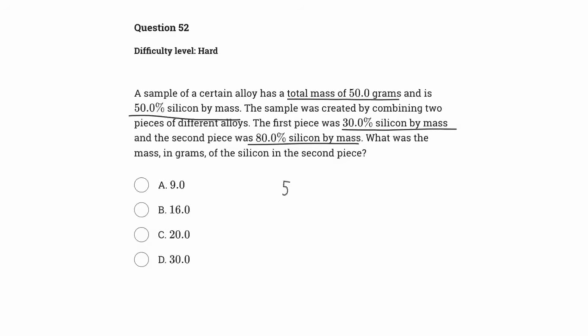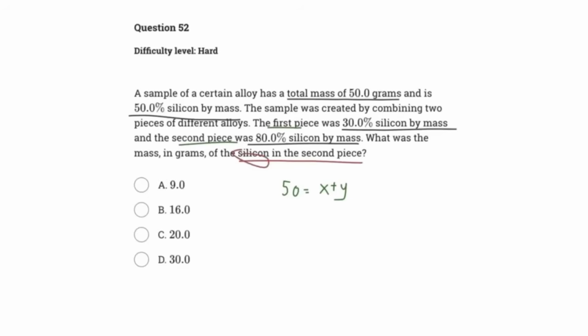So we can write 50 equals, and now we need to create some variables. Let's create it as x and y. So what we want to define here is essentially x is the total mass of the first piece, and then y is the total mass of the second piece. But what we want to solve in the problem is the mass in grams of the silicon, only the silicon in the second piece.